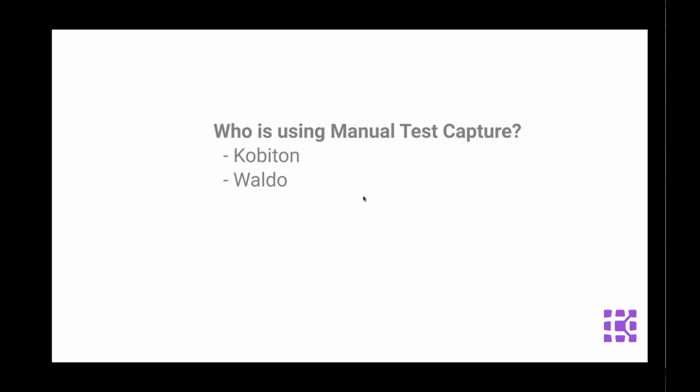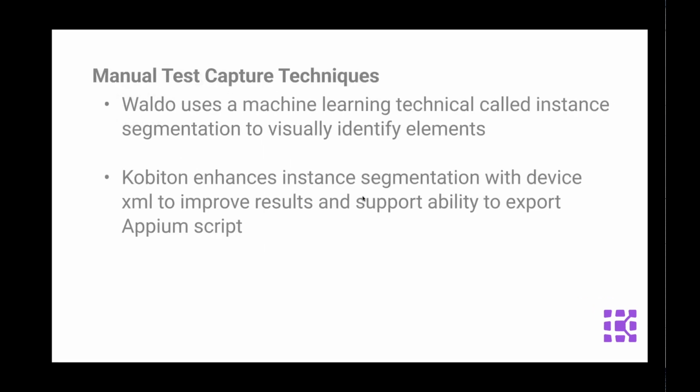The two most common companies that are using manual test capture are Kobiton and Waldo. And I'm going to talk through the differences between Kobiton and Waldo, because the way that it's implemented is slightly different between the two.